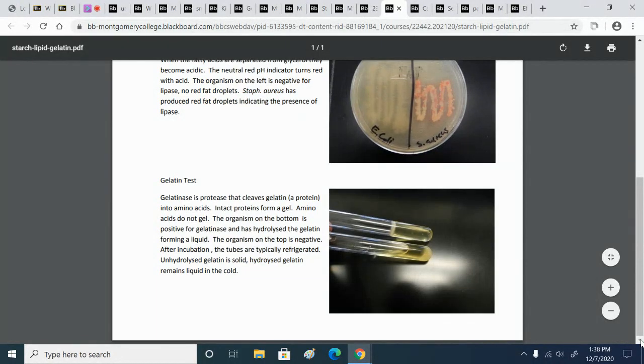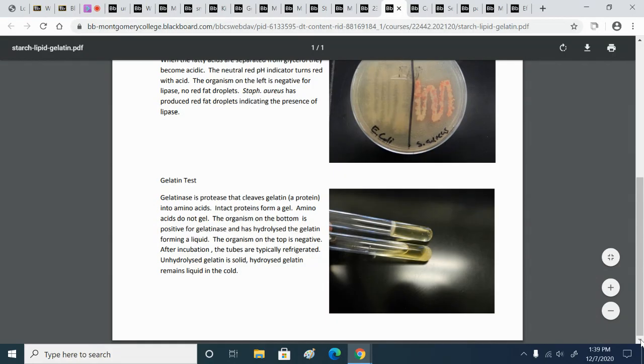And so a gelatin forms a solid at room temperature. But the problem is that when we incubate at 37 degrees, the gelatin melts. It has a very low melting point. So everything turns liquid in the incubator. So after incubation, we have to refrigerate our gelatin tubes, cool them down, and see if the liquid goes back to solid.